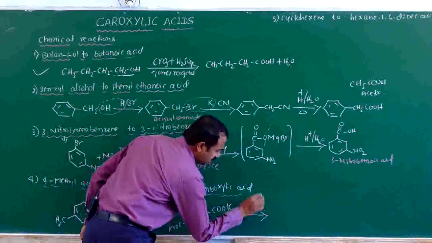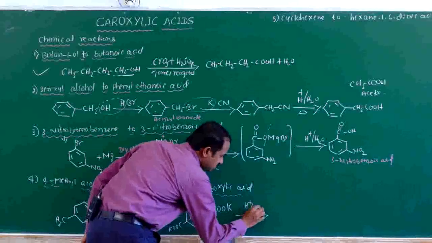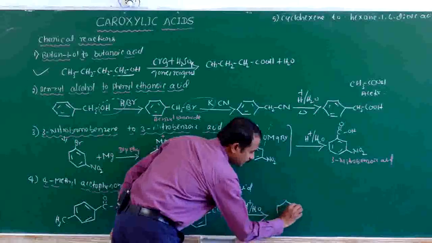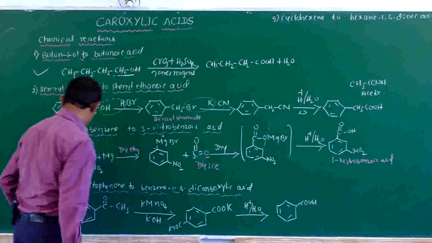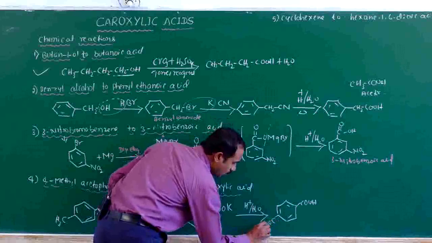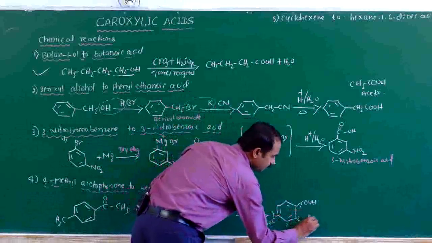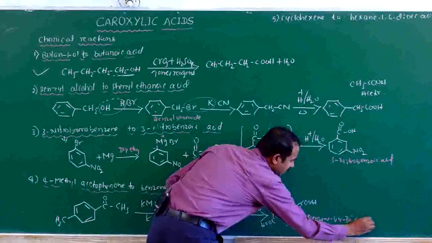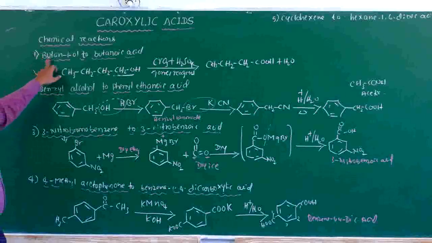When the potassium salt of the dicarboxylic acid undergoes hydrolysis in the presence of water, it forms COOH, benzene 1,4 COOH, 1 2 3 4. This is benzene-1,4-dicarboxylic acid.